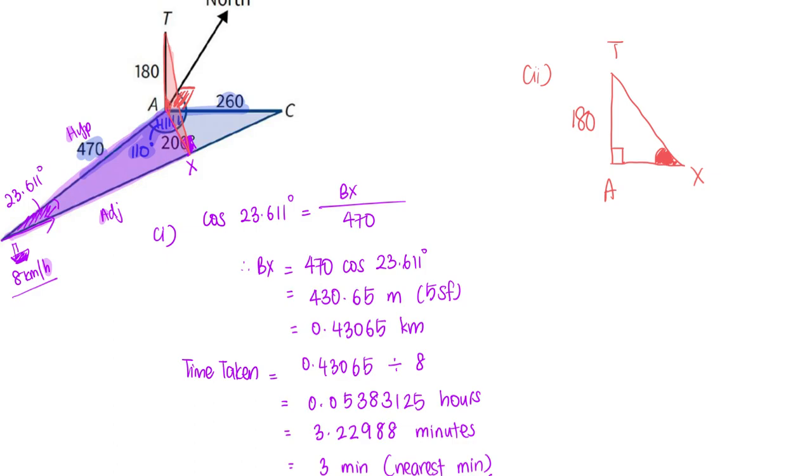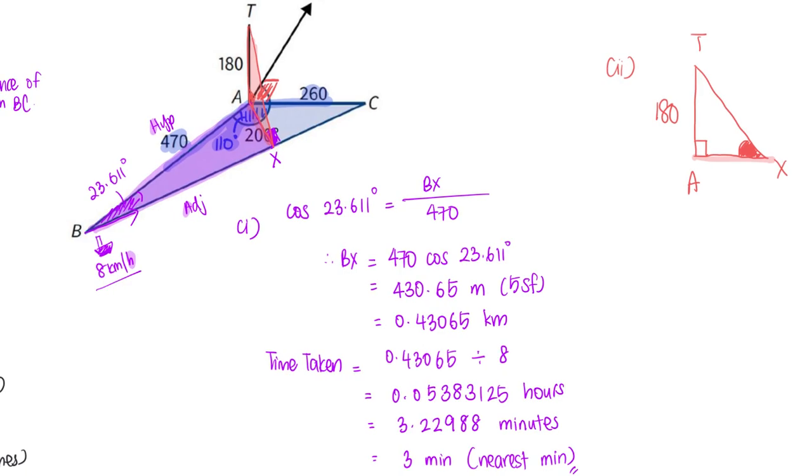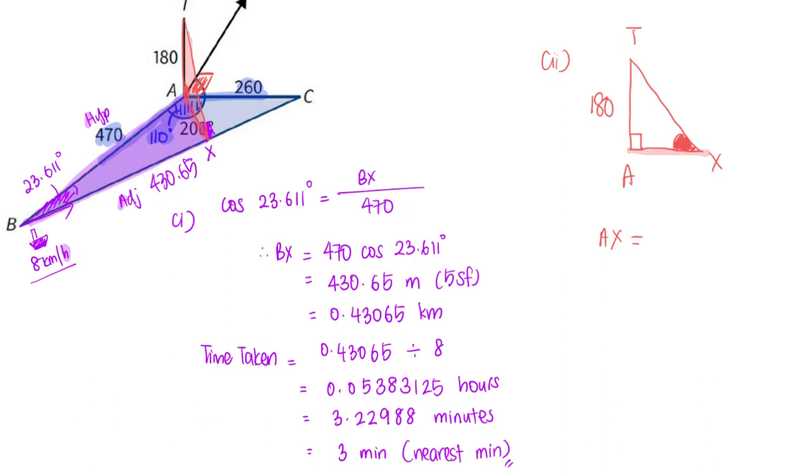I do need my length AX, which I can find easily by Pythagoras theorem, because I do know my BX now, 430.65. AX is equal to the square root of 470 squared minus 430.65 squared. This will give me a value of about 188.25.